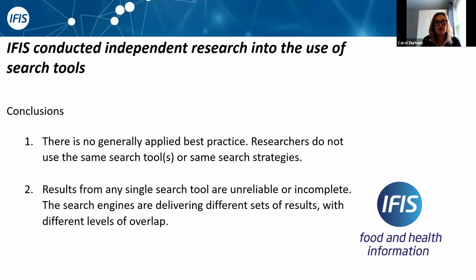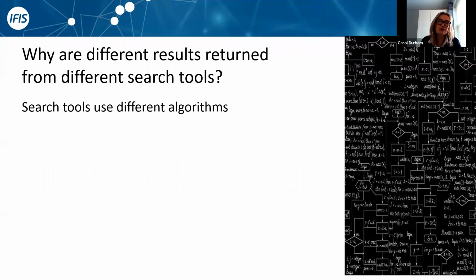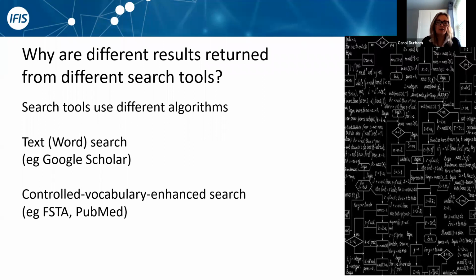The reason behind that is that search tools use different algorithms. Google Scholar, for example, uses a word search, and then there is what's called a controlled vocabulary enhanced search, which is more accurate, and FSTA and PubMed use controlled vocabulary enhanced searches.